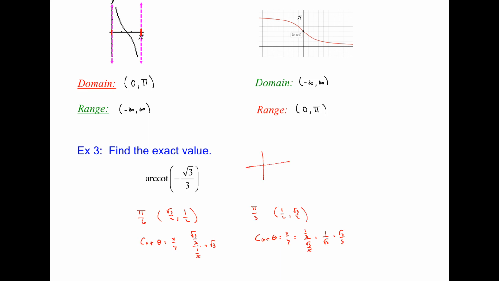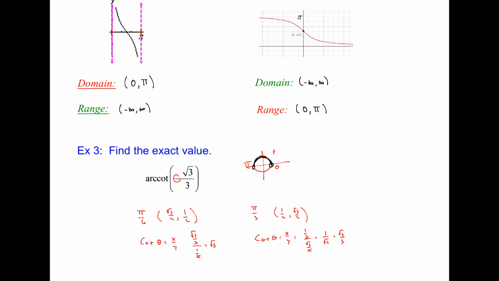Well, remember with cotangent, we're going from 0 to pi. So we'll start at 0, go to pi. This represents the output. Now, we don't include 0 and we don't include pi. Those are restrictions. So what angle, in terms of answering this, arc cotangent of negative square root of 3 over 3, we've got to make sure, let's not forget about that negative.